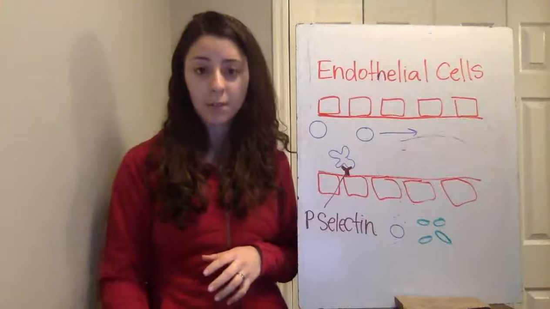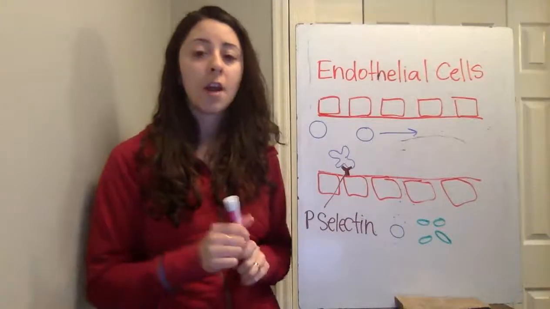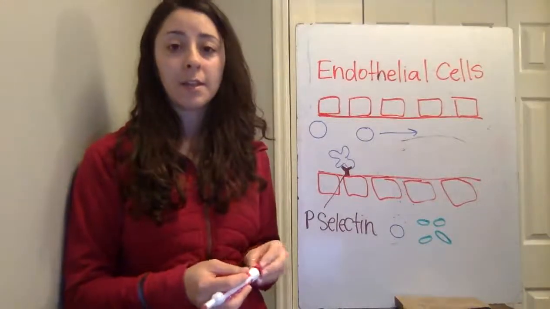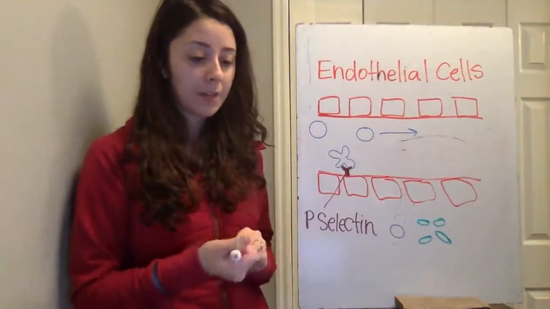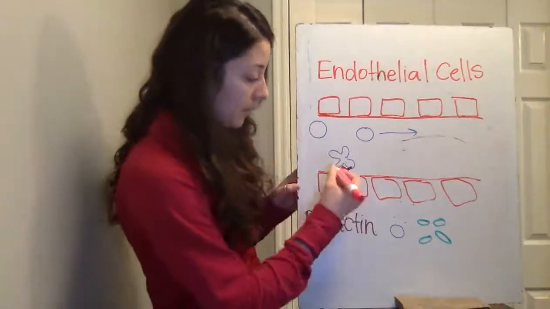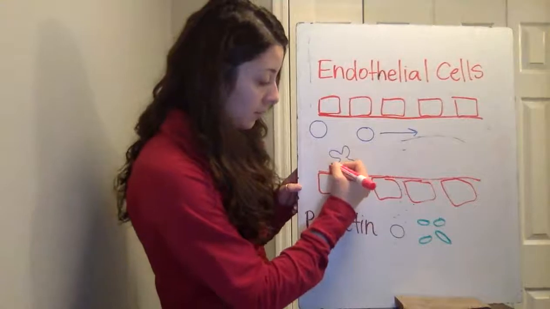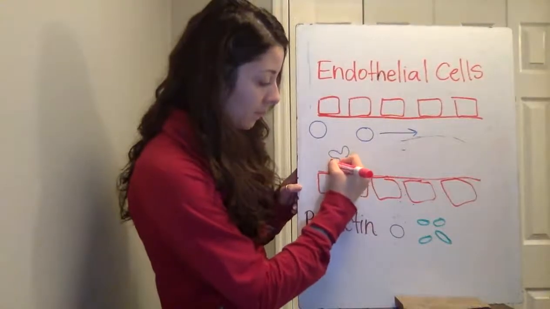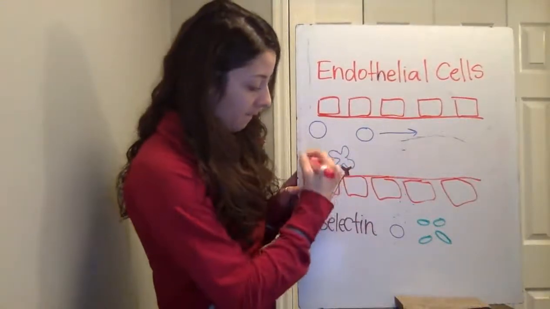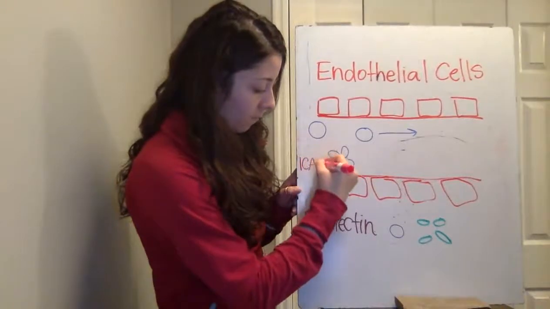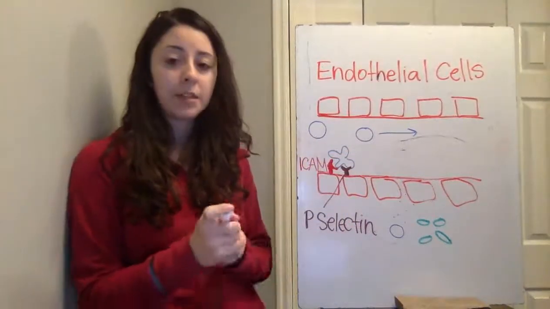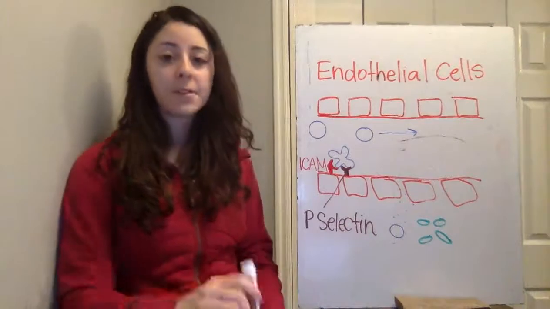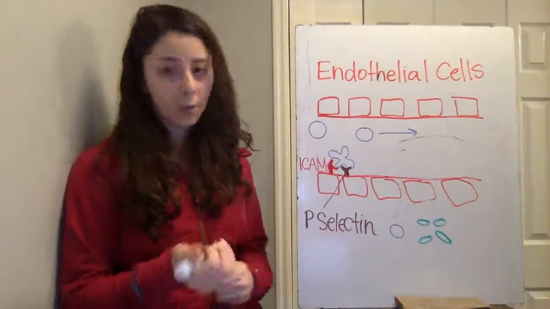And so this is mediated by 2 molecules, the first of which we'll learn is ICAM. And ICAM is expressed on endothelial cells as well. So here's ICAM. And ICAM is expressed by endothelial cells but binds to leukocytes.